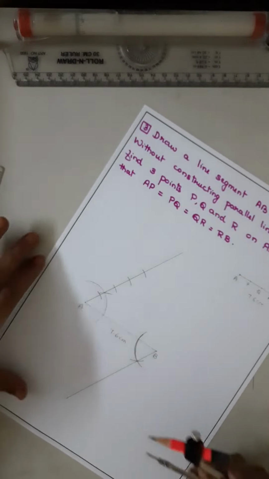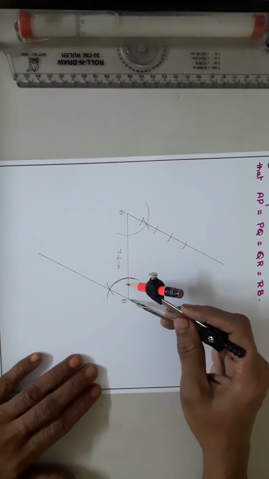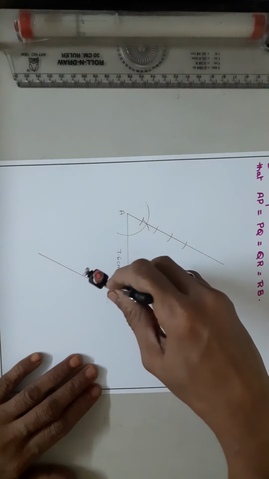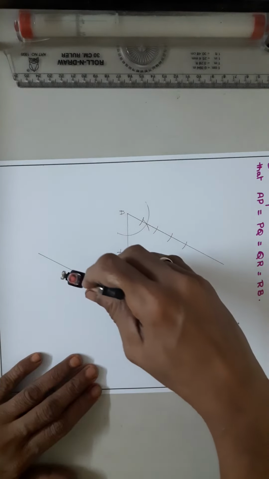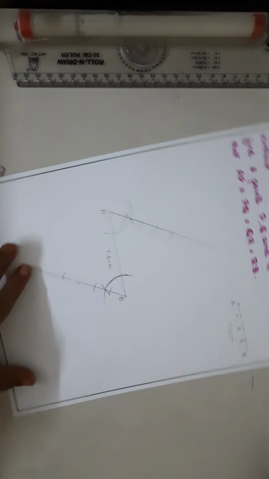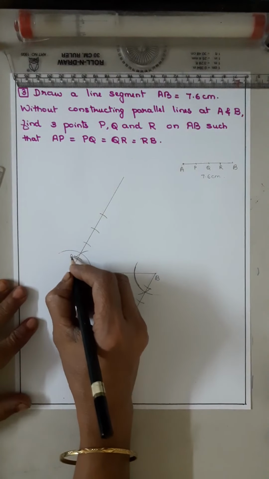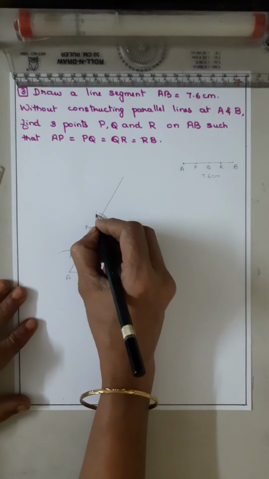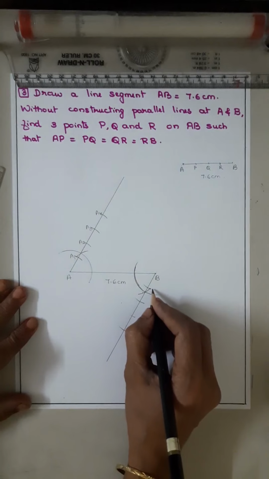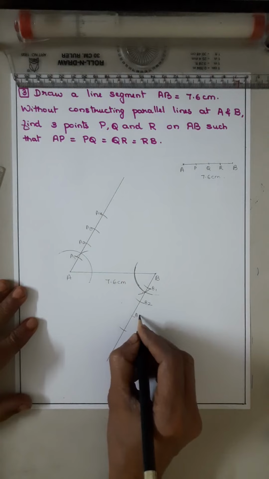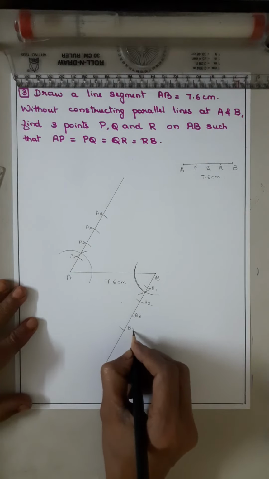And this one also 1, 2, 3, 4. And you have to give the names. This is A1, A2, A3, A4, and this is B1, B2, B3 and B4.